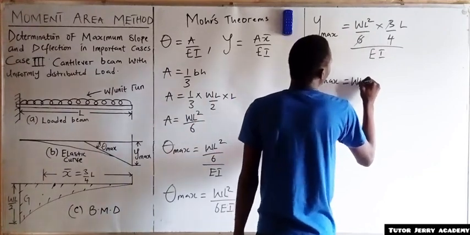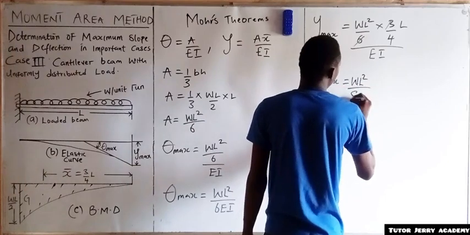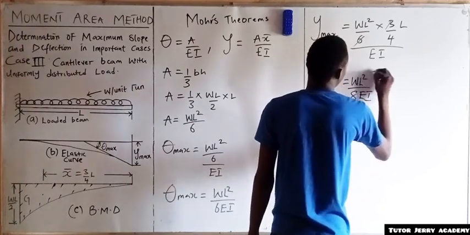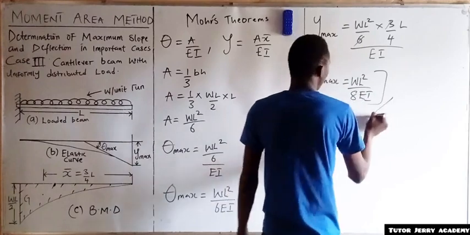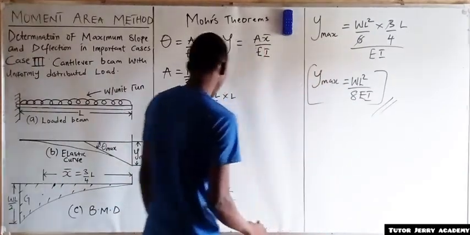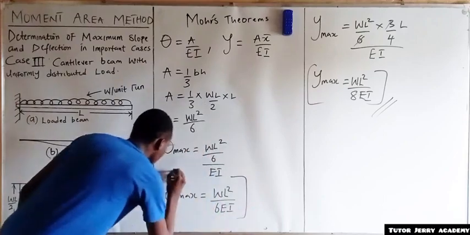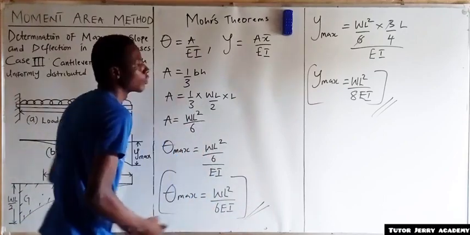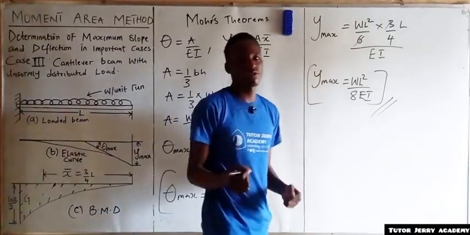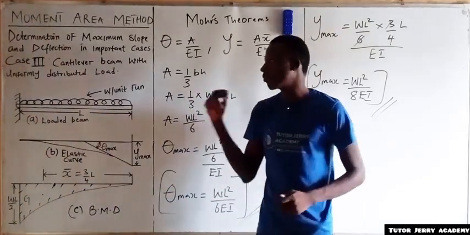This will be WL to the power 3 over 8EI. So this is for maximum deflection, and the earlier one is for maximum slope. These are the relations for this particular question.